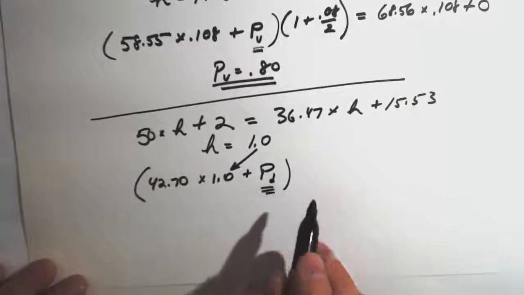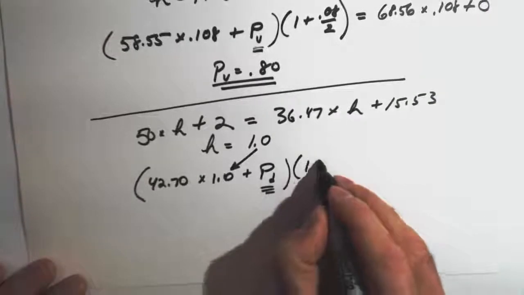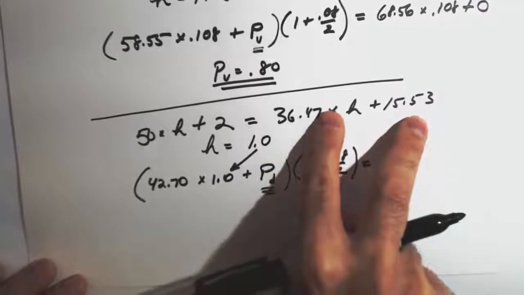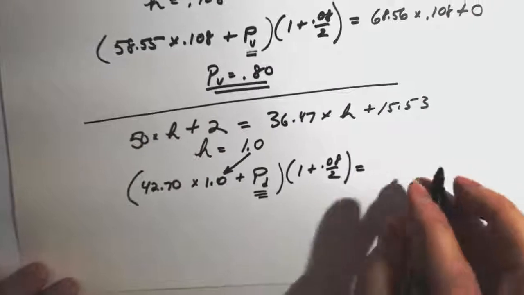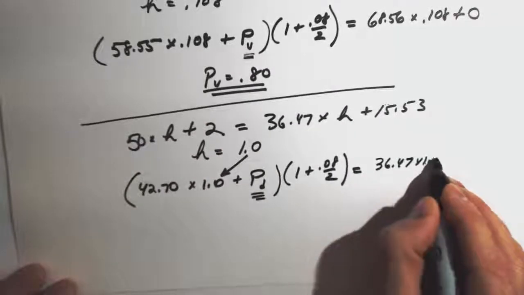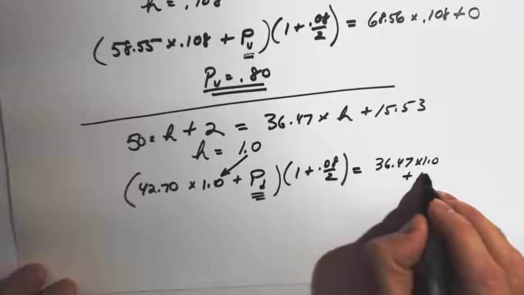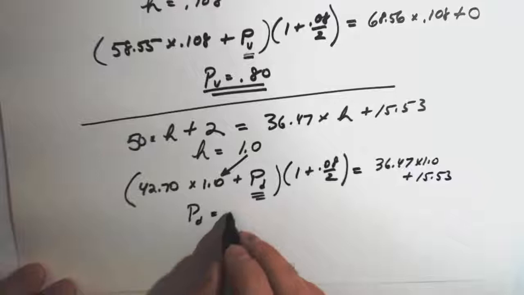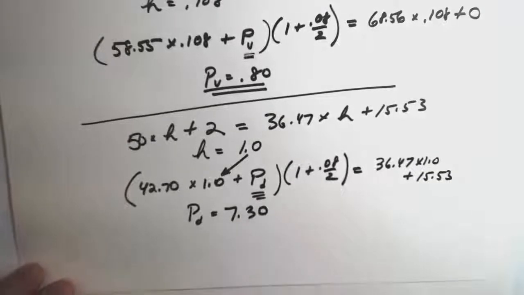That's what we're solving for, that put. It's going to grow at the riskless rate, and it doesn't matter if it equals this or it equals this. I'll pick the 3647 times 1 plus 1553. Solve for PD, and PD equals 7.30.